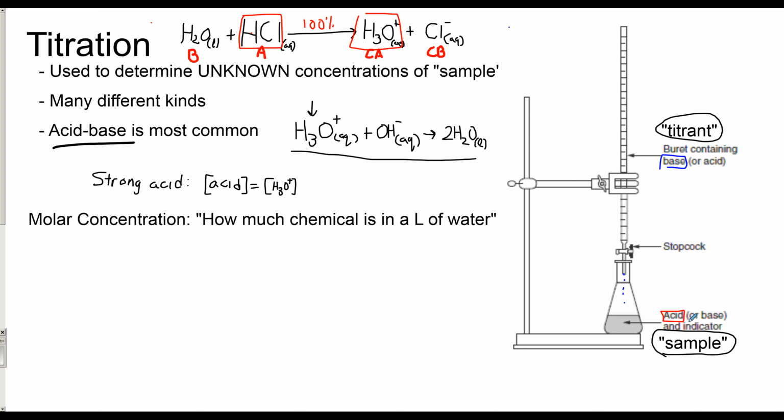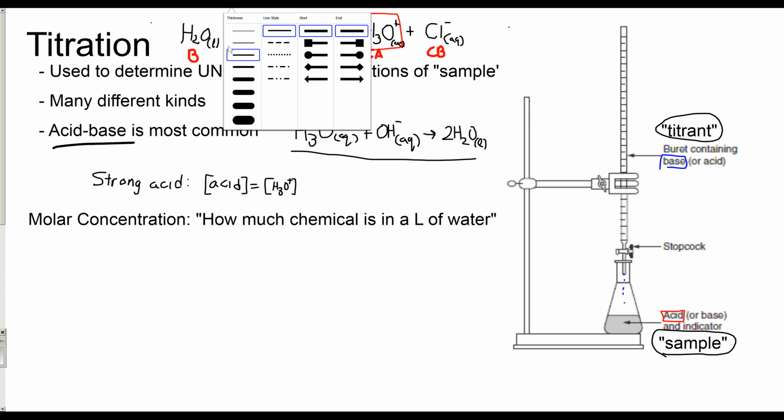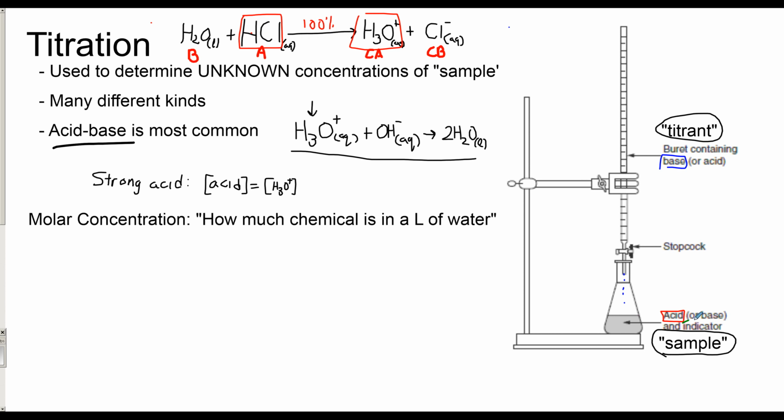That goes back to something we talked about last week. We're going to use an indicator. And indicators, if you recall, are chemicals that change color depending on the chemical environment that they're in. And the chemical environment that indicators care about is pH. And remember, pH is just a measurement of how much H3O is in your solution.